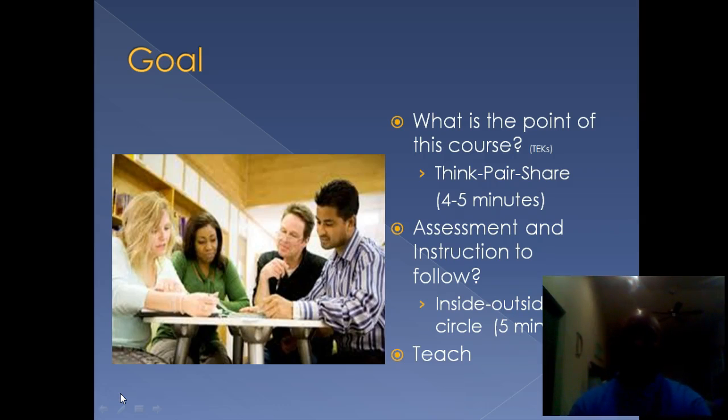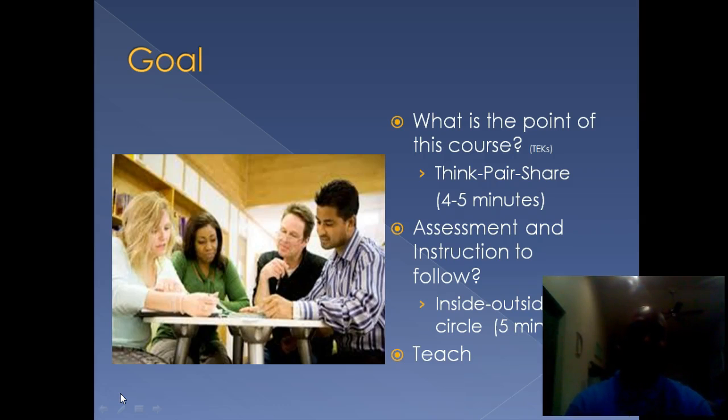Okay, that was pretty easy. All right. And stage 2 was assessment, which also leads to instruction. And we're going to get together again with a different partner, not with the same partner. But I want you to think about, obviously you came up with the point of your course, or what was the purpose of your course.